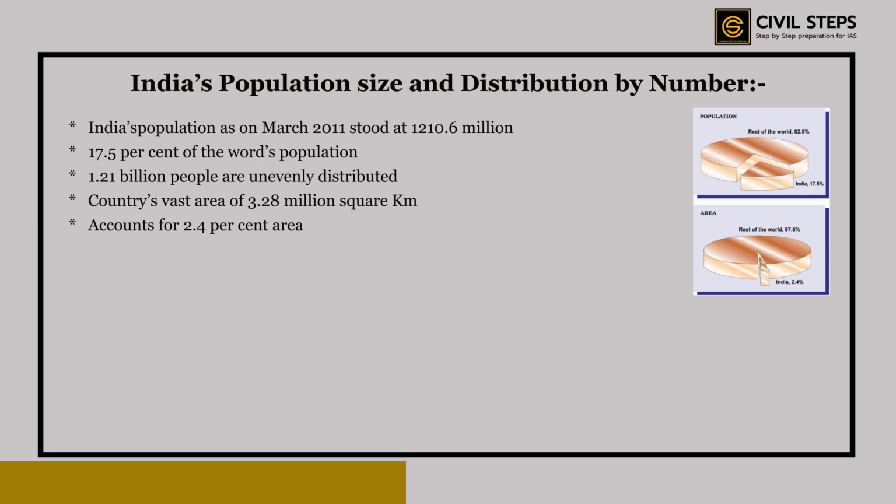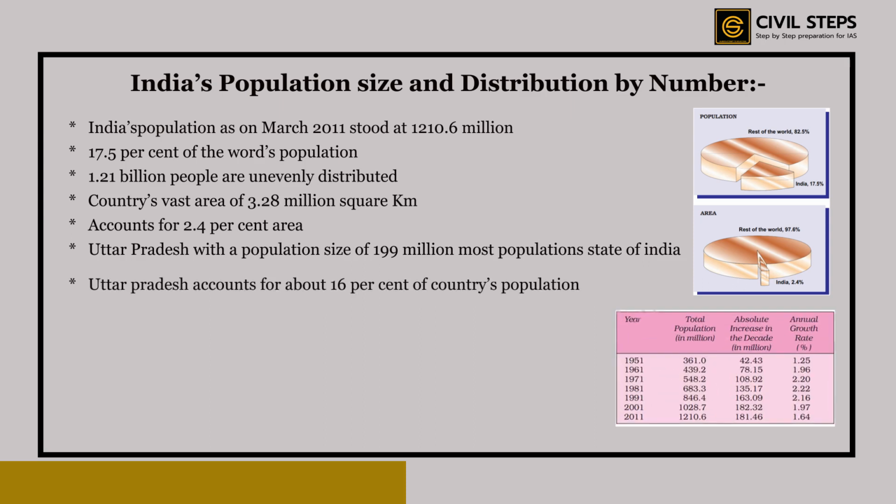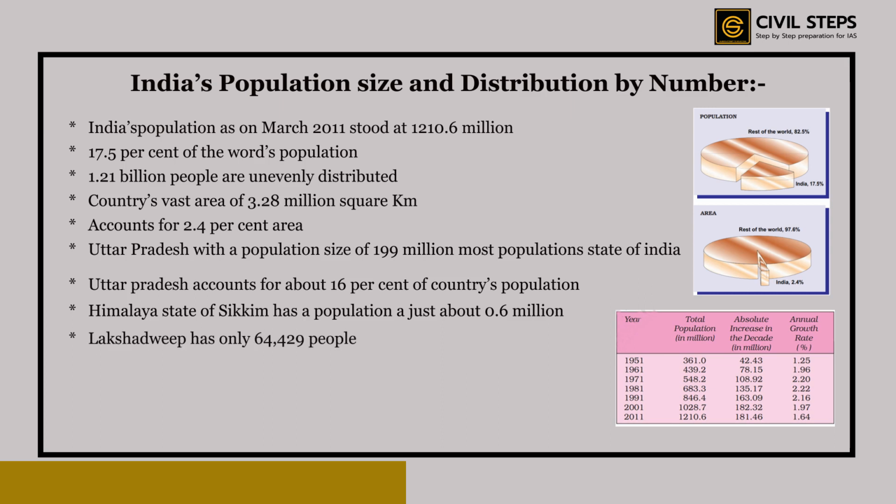The 2011 census data reveal that Uttar Pradesh, with a population size of 199 million, is the most populous state of India. Uttar Pradesh accounts for about 16% of the country's total population. On the other hand, the Himalayan state of Sikkim has a population of just about 0.6 million, and Lakshadweep has only 64,429 people.